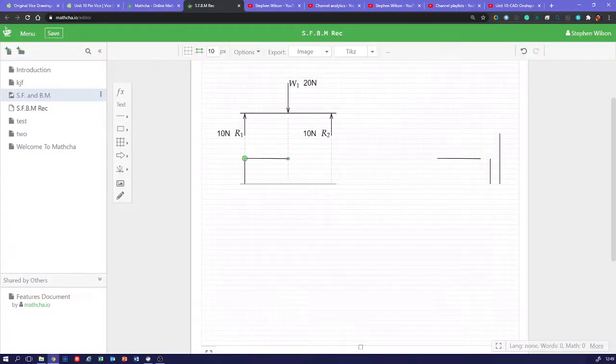Then we come along until we hit our next force, which is our weight, and that's down by 20. So we come down by 20, obviously that's 10 squares for my scale. Then we carry along and hit our final force, and that's 10 newtons up.